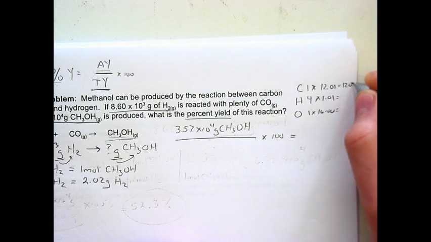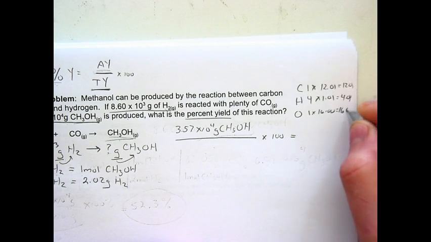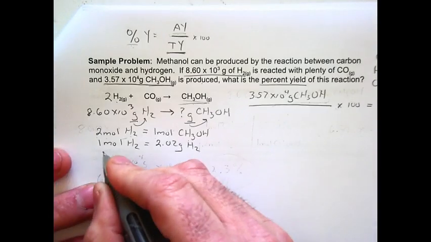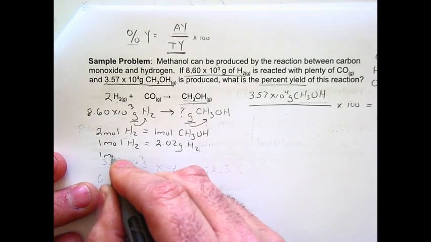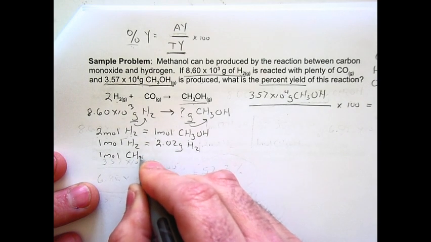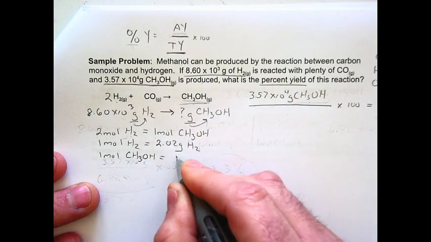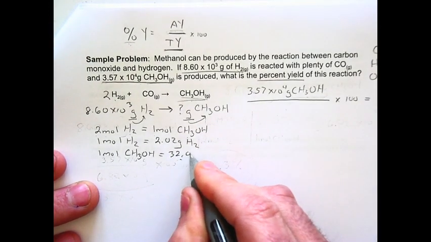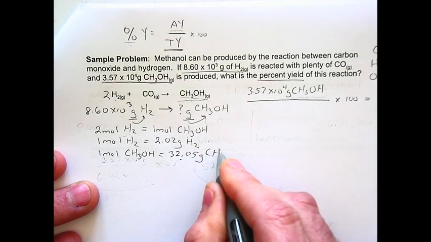So we have 12.01, 4.04, and 16. We add it up and we get 32.05. So we know that 1 mole of methanol is equal to 32.05 grams of methanol.